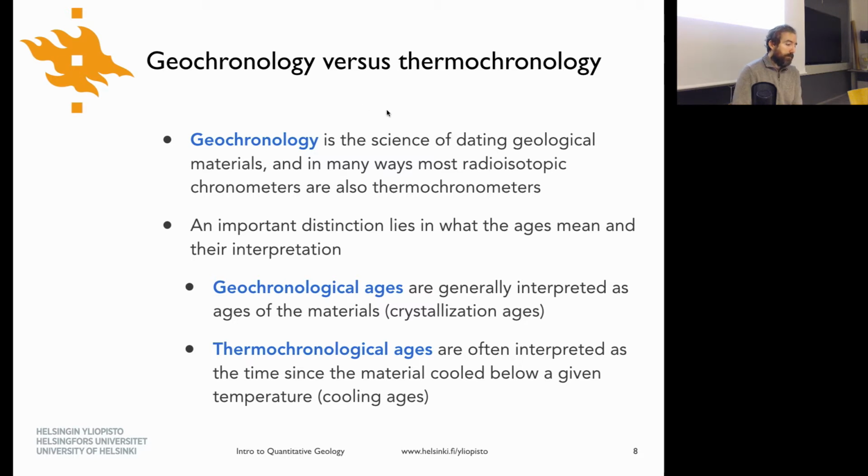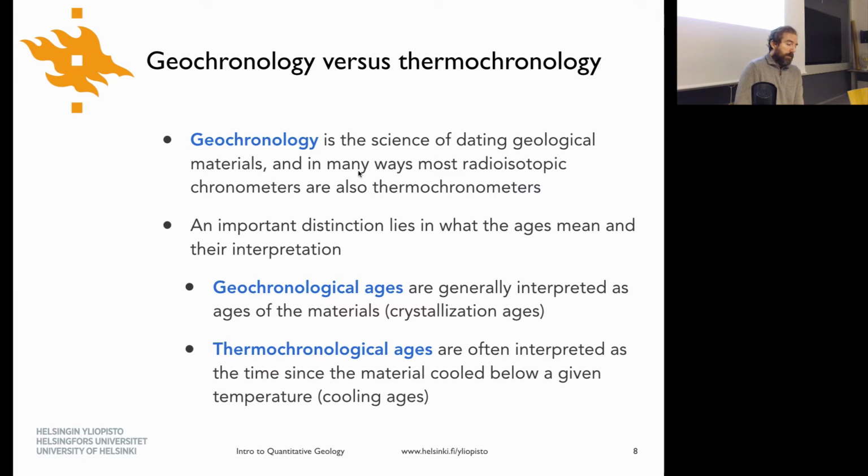And in many ways, a lot of the chronometers that are used for thermochronology work very similarly to geochronometers. If you have something like uranium decaying to lead in a zircon crystal that you're using as a way of dating the age of the zircon from the half-life of the uranium isotopes that are producing the lead, we have similar things that happen for thermochronology.